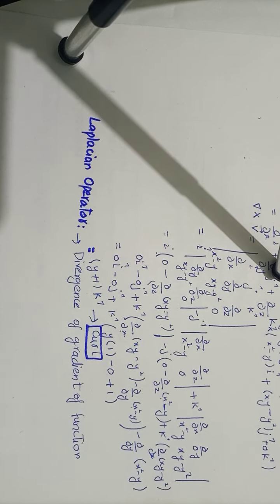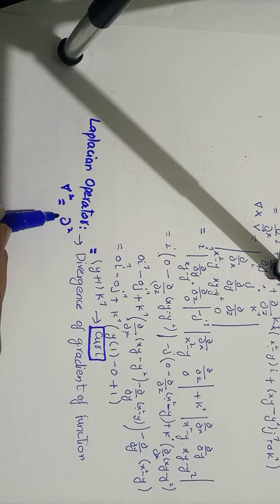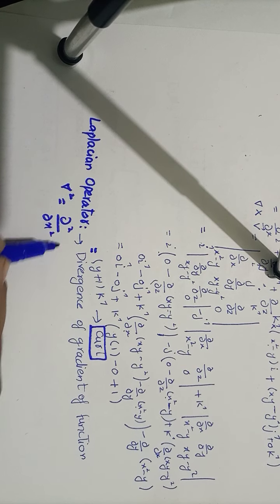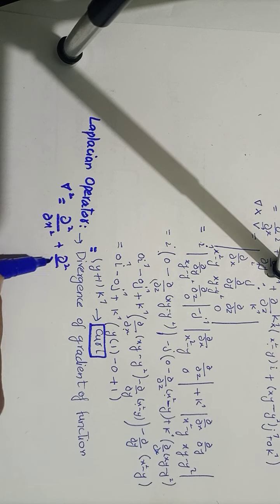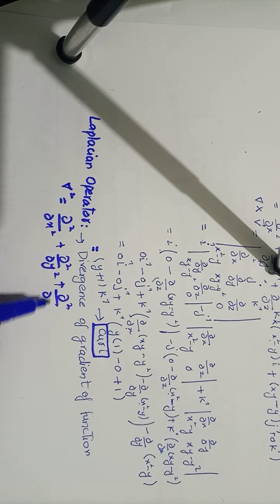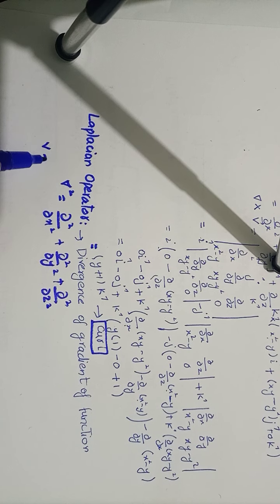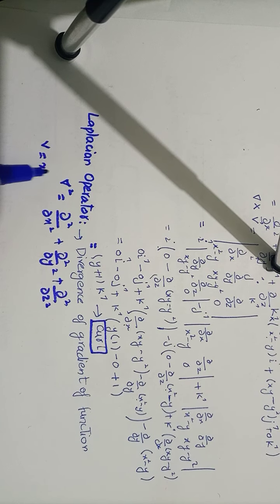The Laplacian operator is represented by nabla square, which is equal to partial square over partial x square plus partial square over partial y square plus partial square over partial z square. For example, we have the function v equal to x square plus y cube plus x y square z.